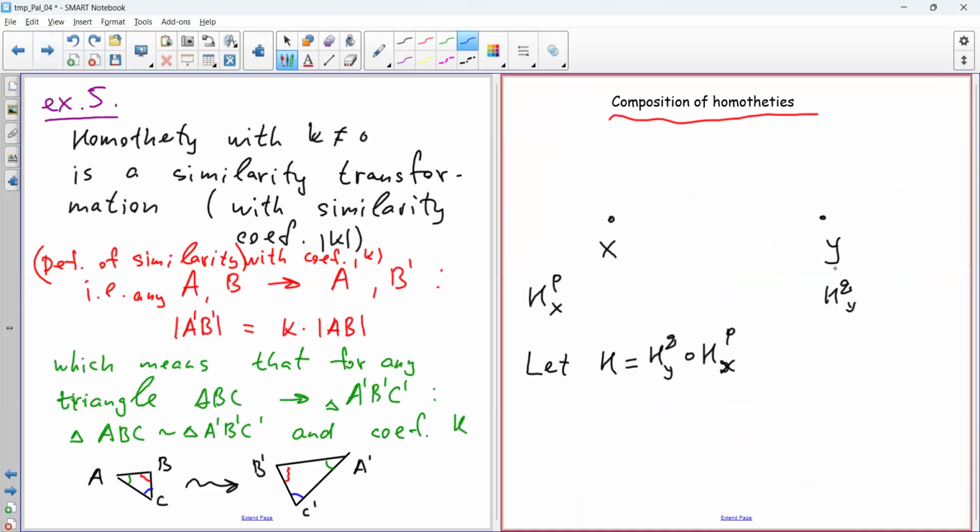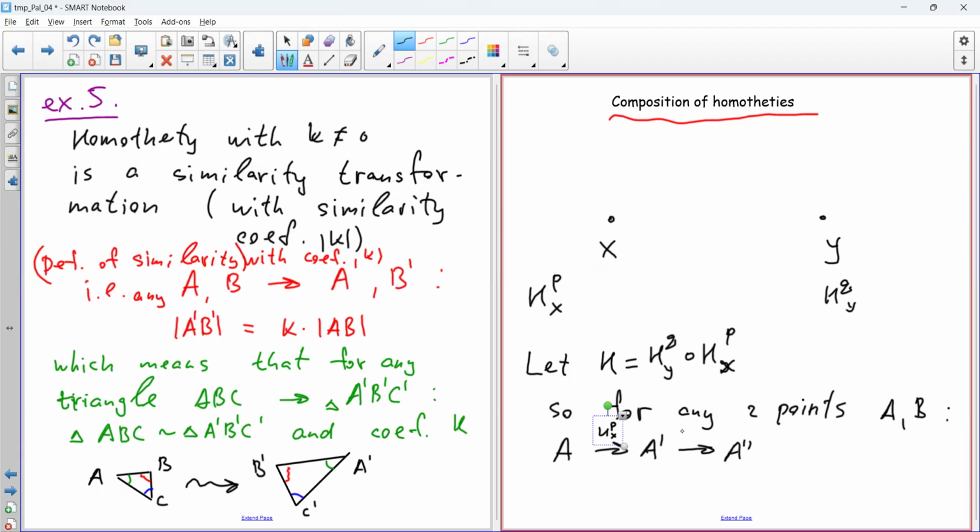So when we come back to composition of homotheties, we then know that for any 2 points A and B, A goes to A prime with the first homothety and goes to A double prime with the second homothety.